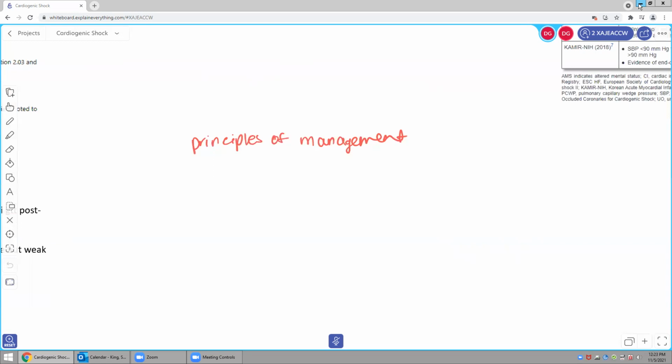Or like sort of realms, areas you think about? Great, so dobutamine, so you can think about contractility. We'll talk a little bit about inotropes. What else? Great, so patients with cardiogenic shock have increased systemic vascular resistance.